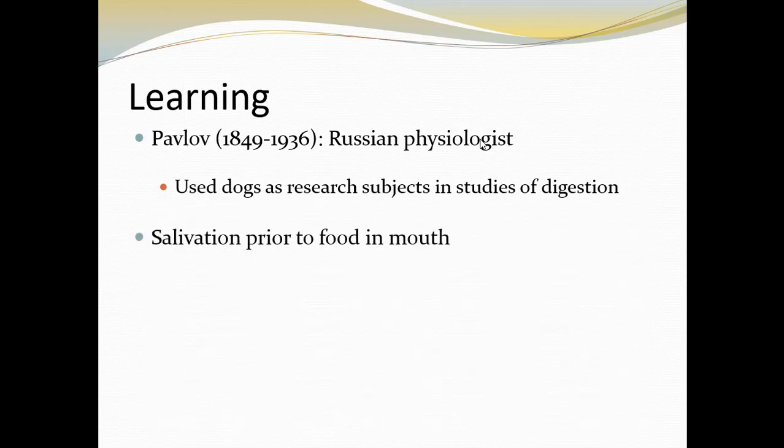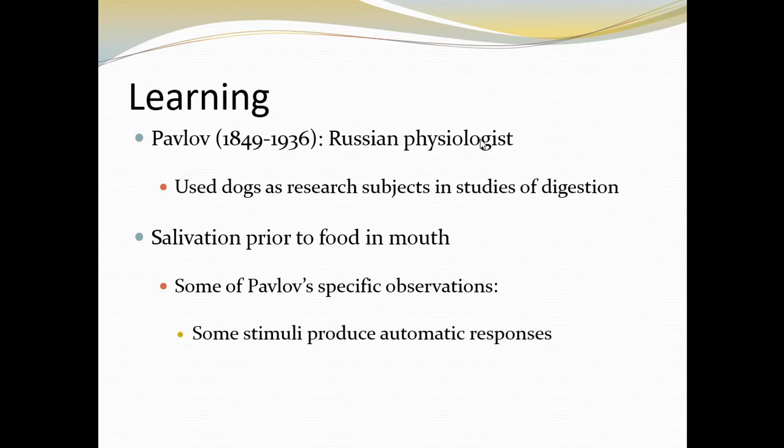What he discovered as he was doing this, and we know this not only happens in dogs, which he was studying, but also in humans, is that we salivate when food enters the mouth. That's the initial part where food is broken down. Pavlov discovered this in his dogs, and some of his specific observations were as follows.